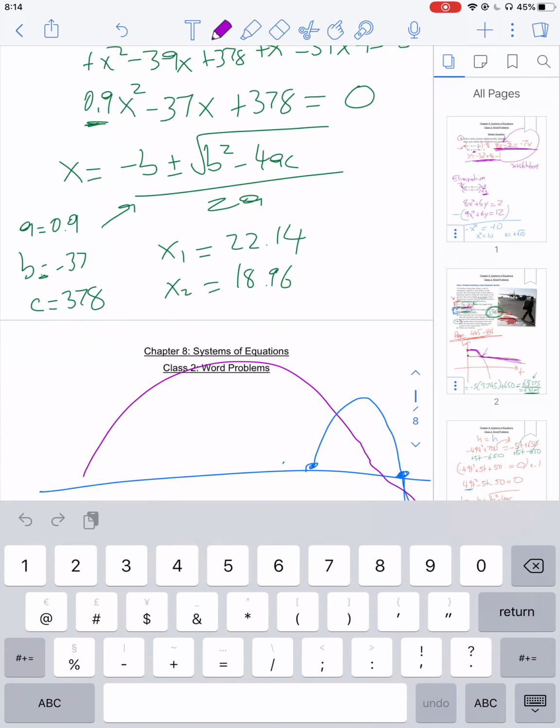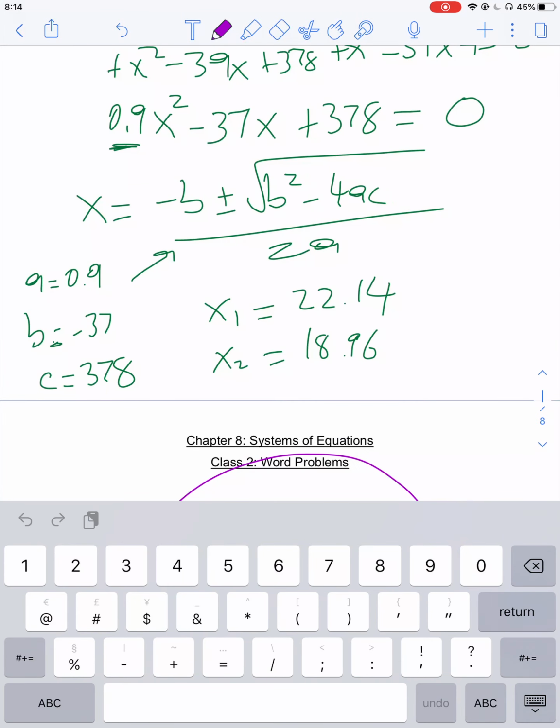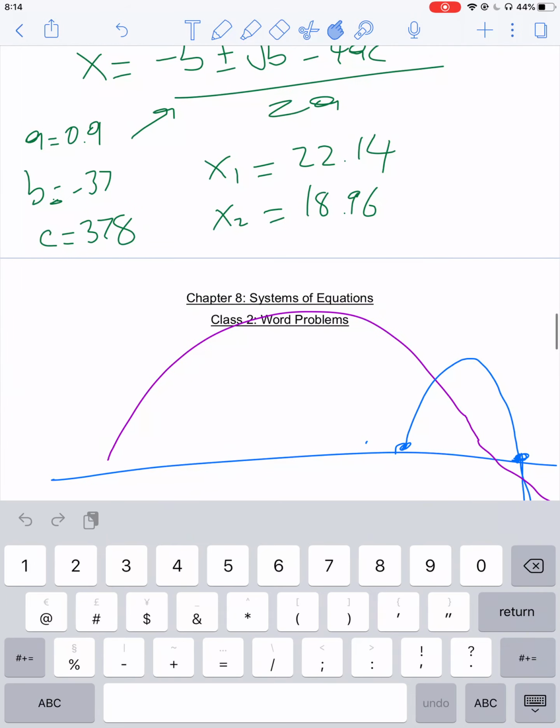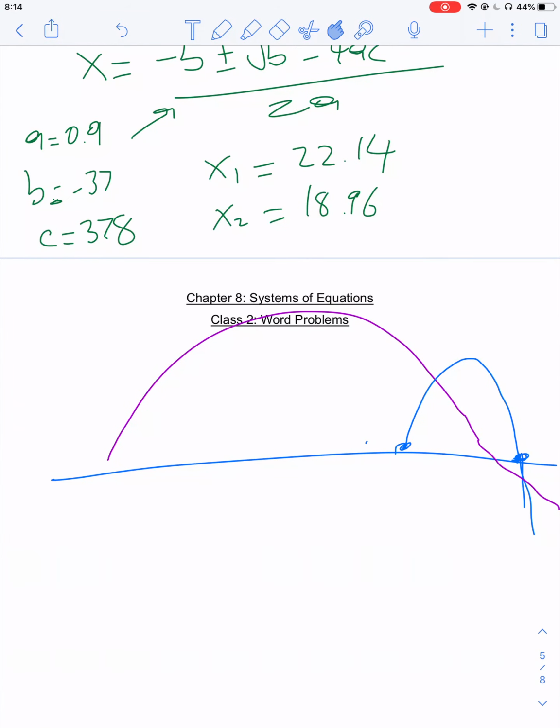So how do you know which value you have to reject? One way to figure out what needs to be rejected is to find the h value. The h value which will be negative will have to get rejected. Okay, so plug in the x value into either one of the functions.